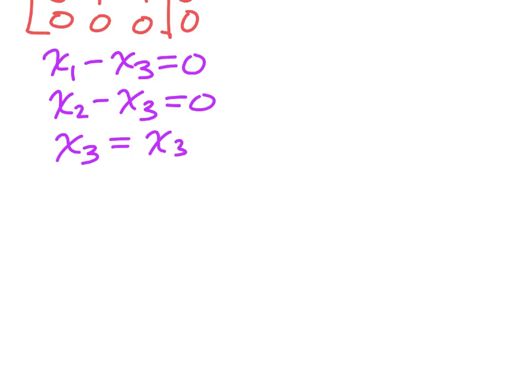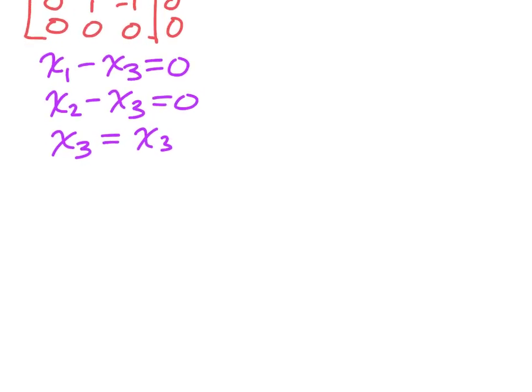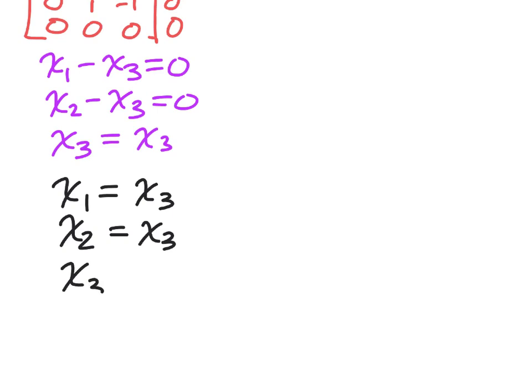All right, I don't want to make it seem like one's better than the other. So the one step that needs to happen would be, and you don't have to show it to me, but you do have to at least take note of it. x1 is equal to x3, x2 is equal to x3, and x3 is equal to x3.